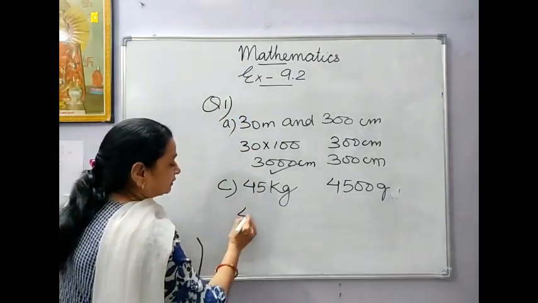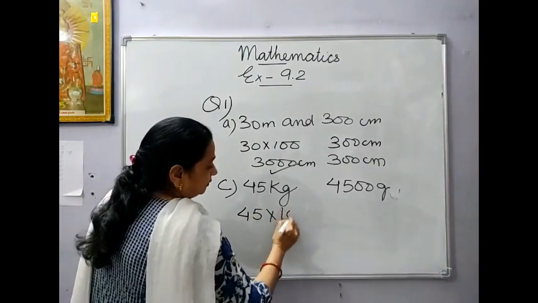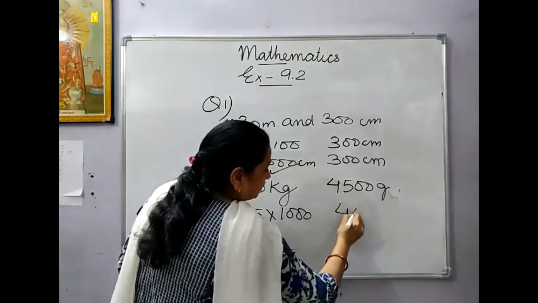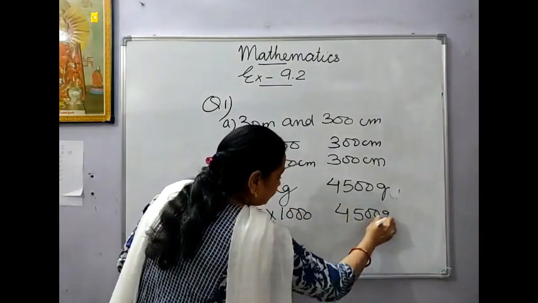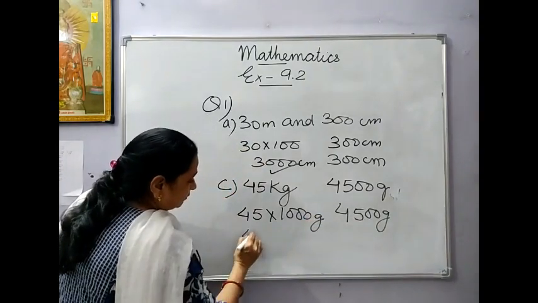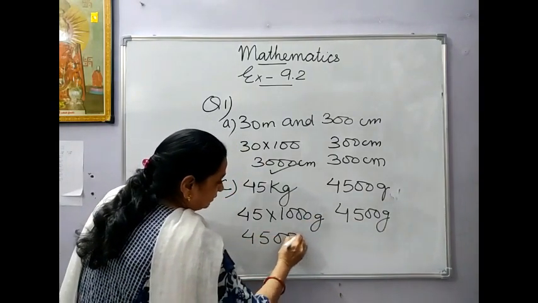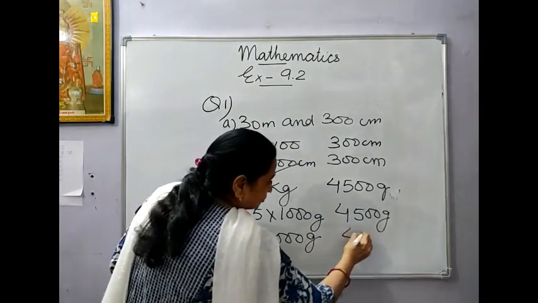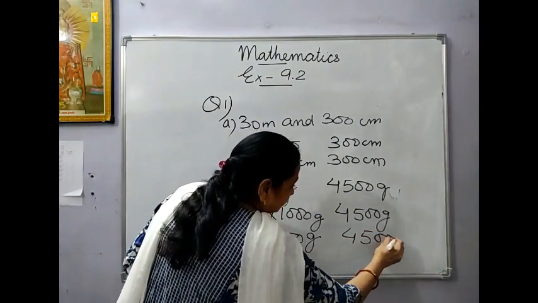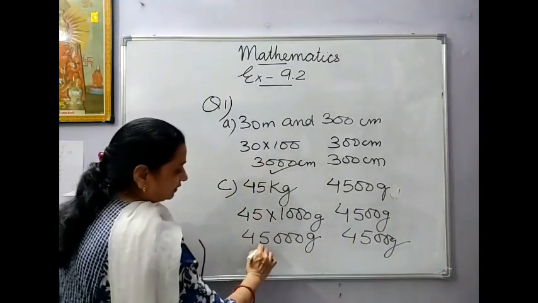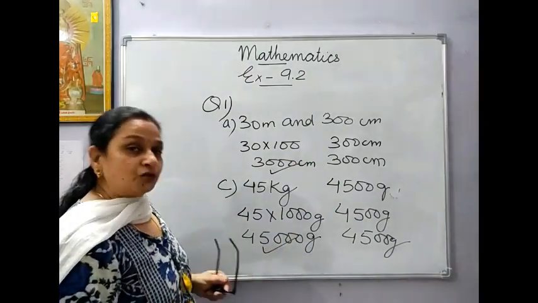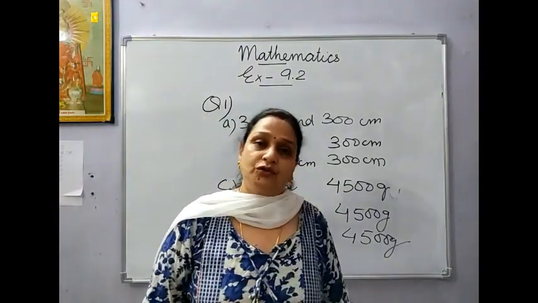So we will multiply this by 1000. We will copy this one down the same because it is already in grams. So it will be 45,000 grams, and this was your 4500 grams. So which one is greater? This one is greater. So this way also you can solve it.